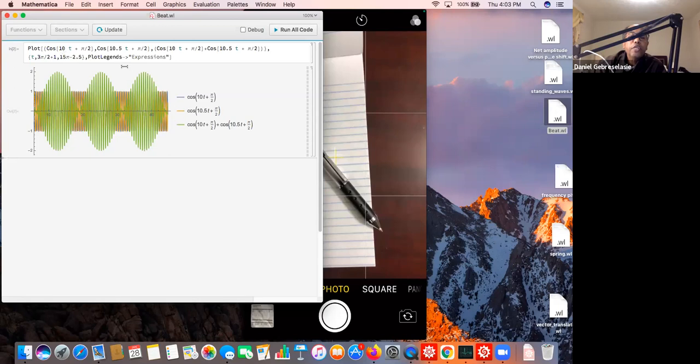The orange has a frequency of 10.5. They're very close to each other. When you add them together, you get a beat. These are the beats: 1 beat, 2 beats, 3 beats, and so on. So that's what we meant. You get a beat when you add two sound waves of close frequency. In this case, their difference is 0.5. So that's how you get a beat.